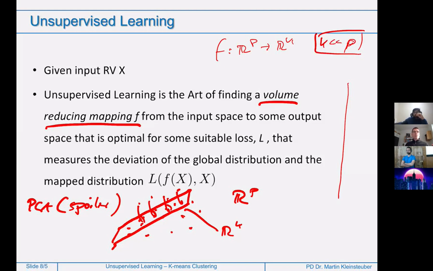This is what probably matches your intuition of dimensionality reduction more than this cluster thing, although the cluster thing is also a very high dimensionality reduction technique because the output is 0.